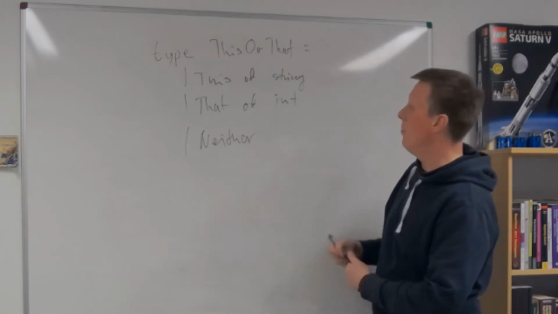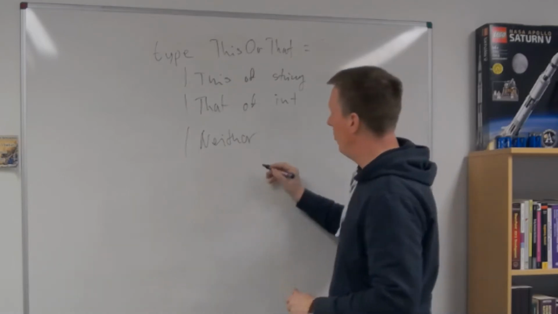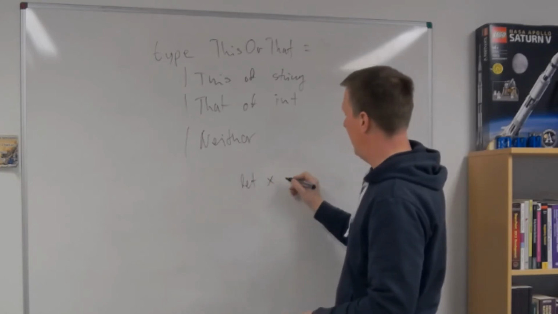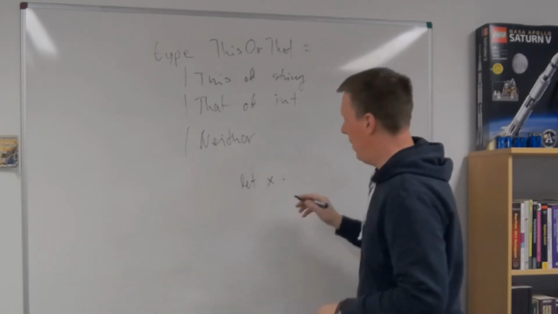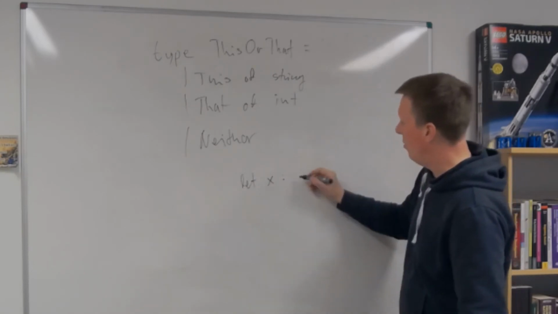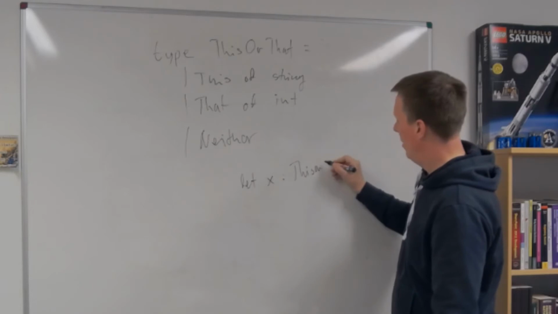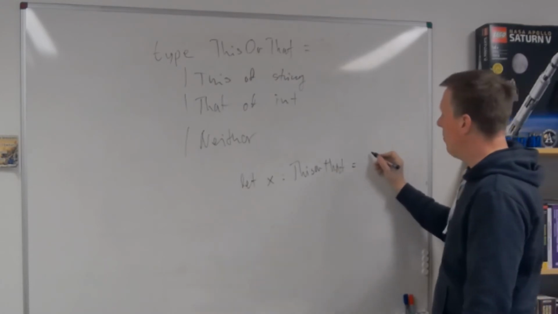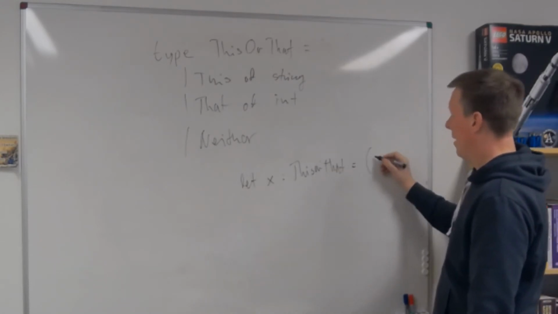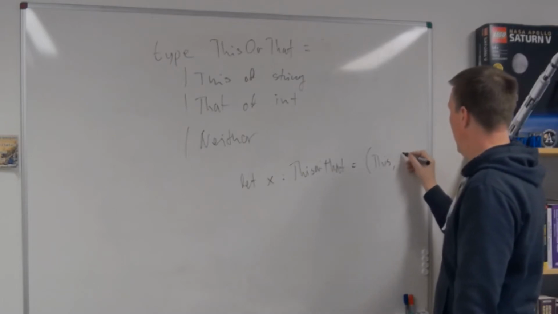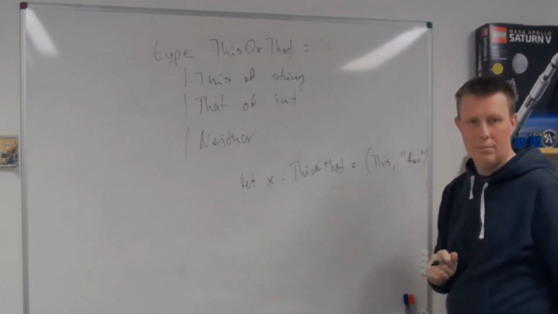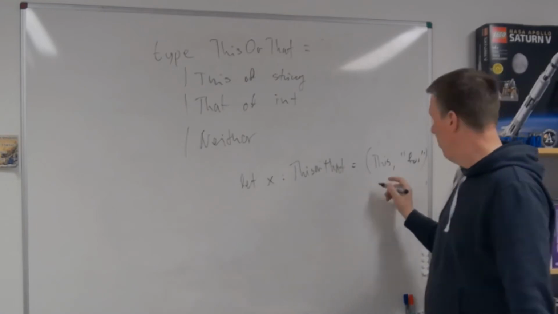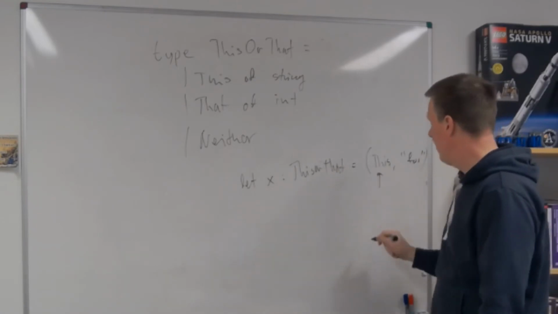So basically this thing works by saying, in sort of pseudo syntax, it's like creating a tuple. So let x of this or that equals, and then in principle I could represent this as a tuple, so I could say this, foo. And now if I did it like this, every time I get this value, this or that, I could open up this tuple and check whether this is this.